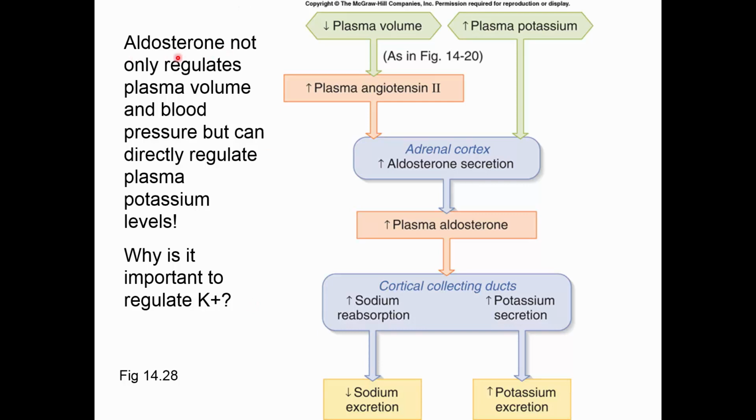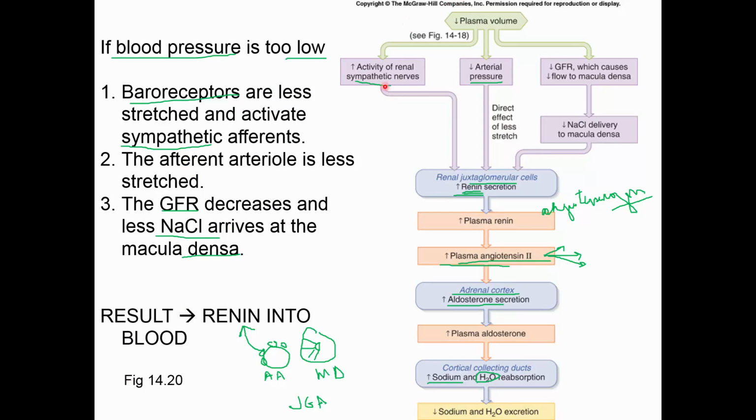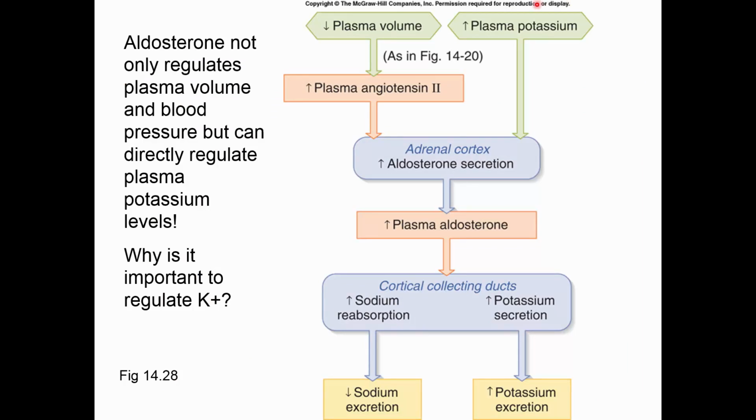Now, aldosterone not only regulates plasma volume and blood pressure, but can directly regulate plasma potassium. So when your plasma volume is low, as we showed in this diagram here, sympathetics, less stretch of the afferent, a decreased GFR and less flow to the macula densa, all of those things are going to tell your kidney to produce renin, and you get angiotensin 2, which is a vasoconstrictor, and aldosterone will promote sodium reabsorption and potassium secretion.